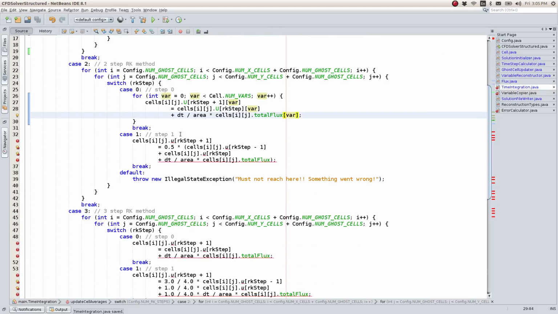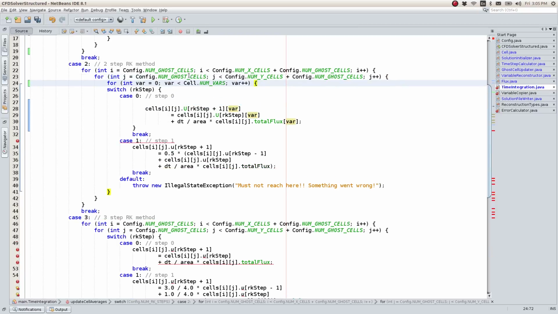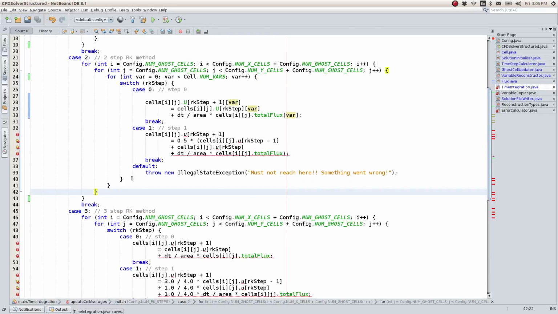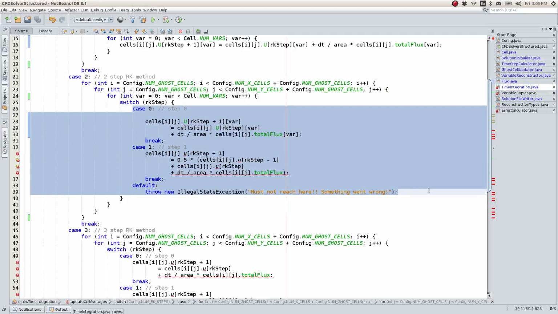Okay, and well the thing is that I do not want to put this for loop again and again and again. So what I'm going to do is I'm going to put it right over here and I'm going to close that for loop right over here. So these cases will be evaluated thrice.